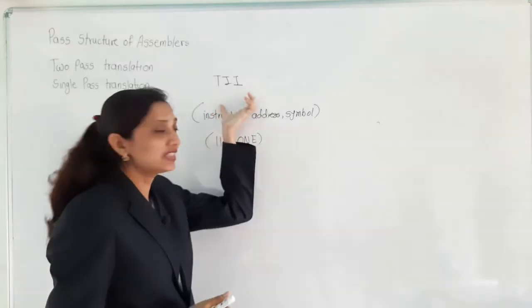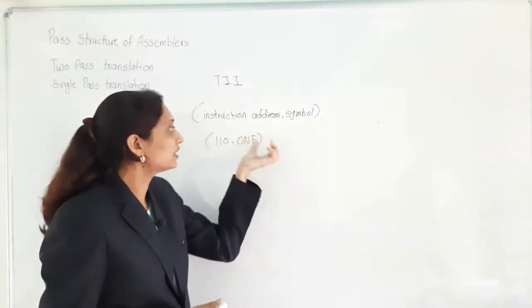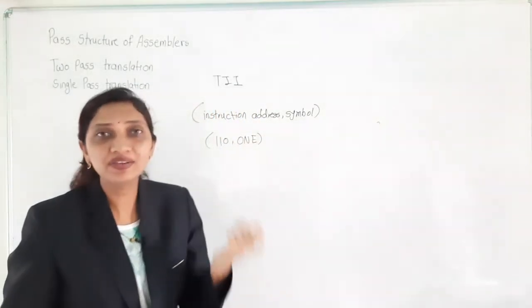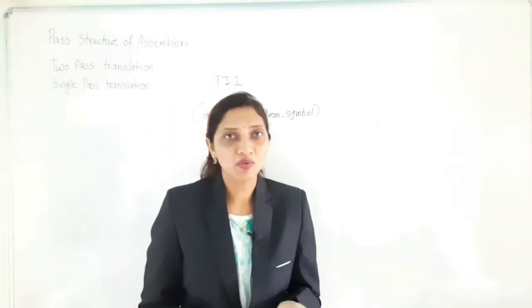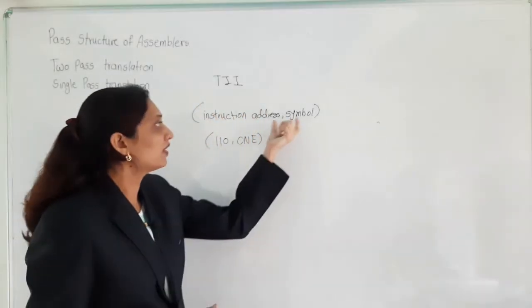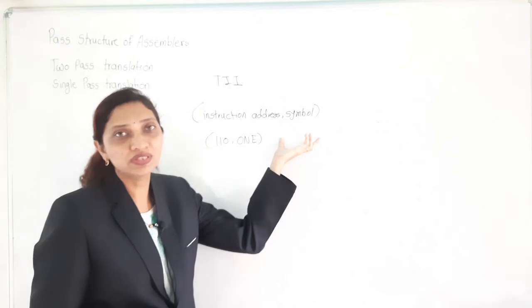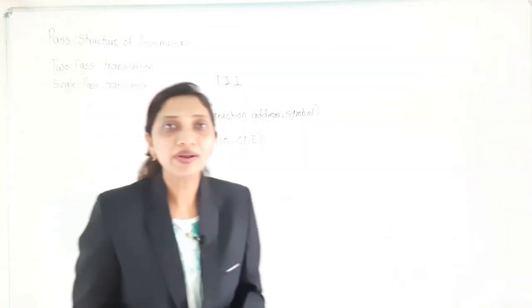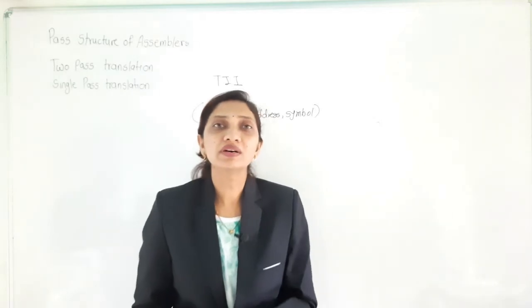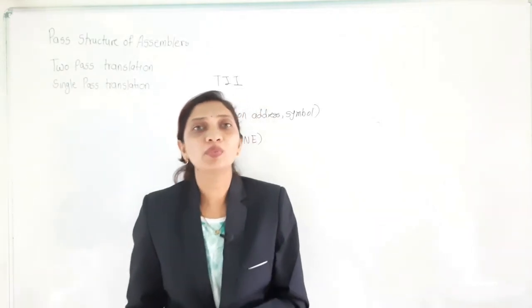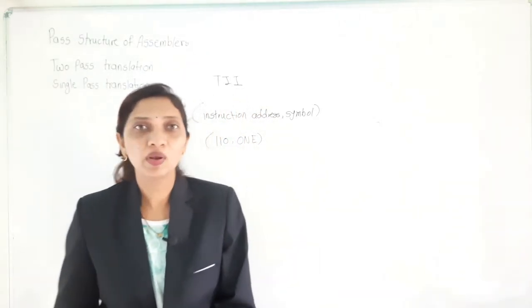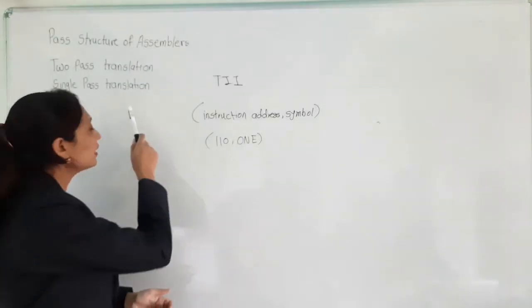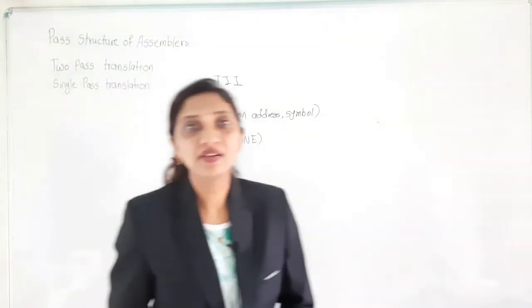By using the TII table, the instruction address is given for the second operand, meaning which forward reference symbol is used there. By using the TII table and symbol table, it gives the address of the forward referencing symbol. In this way a single pass translation model works.